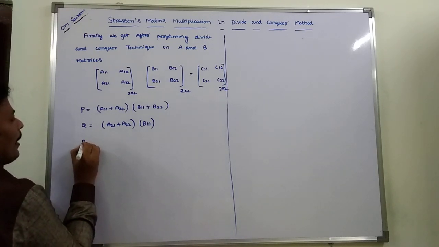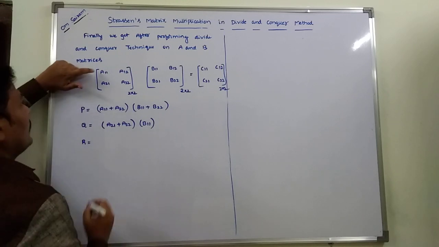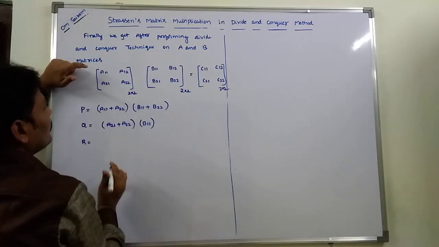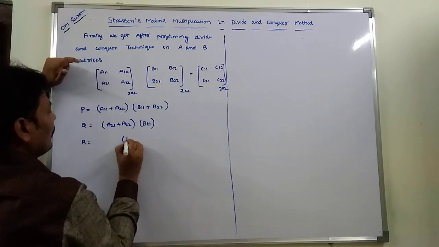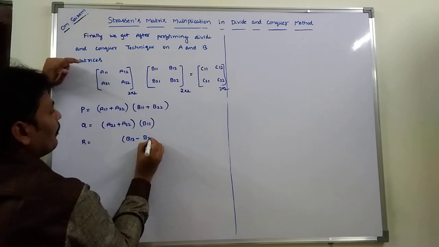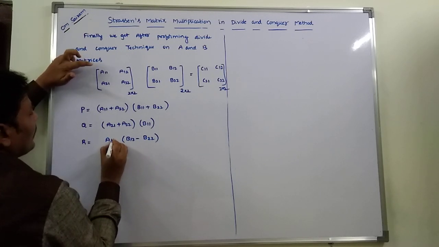Next, R is equal to, subtracting the second column, B12 minus B22 is multiplied with A11.